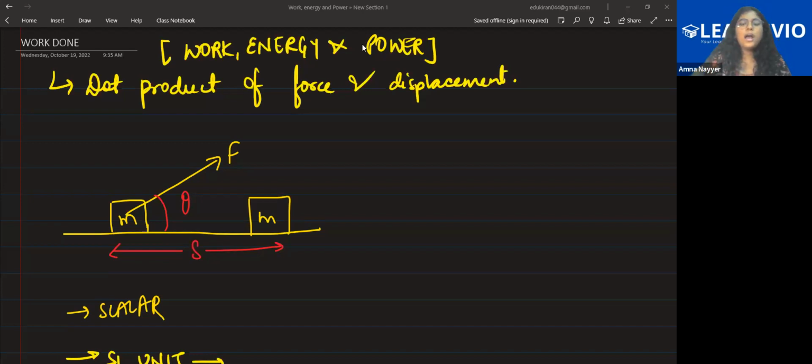If you are sitting and you are working continuously day and night, and let's assume you've worked for 14 hours just sitting in front of the laptop, still in physics we will say you have not done any work because you haven't moved. The displacement is zero. So in terms of physics, we will say there is no work done.